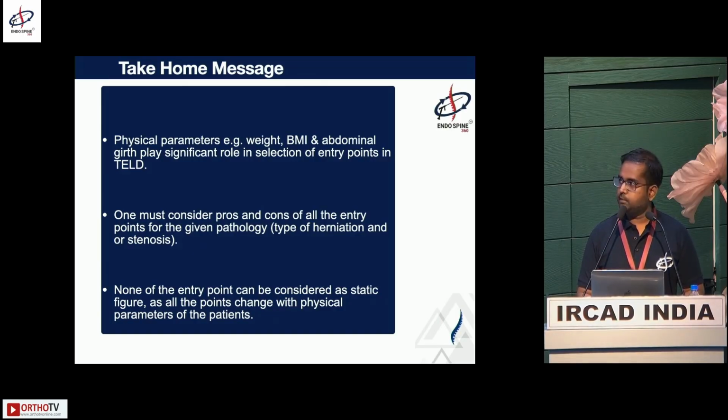For the lower lumbar common pathologies, PL-TOSP is better. None of the entry points can be static, like Palani sir already described. You can't just say it is 10 centimeters from the midline, or 4 hand breadths from the midline. That is just an idea. We can't precisely say the entry point unless we mark these on the patients.